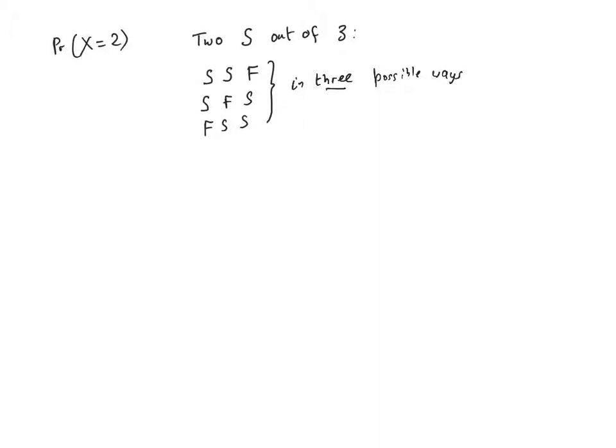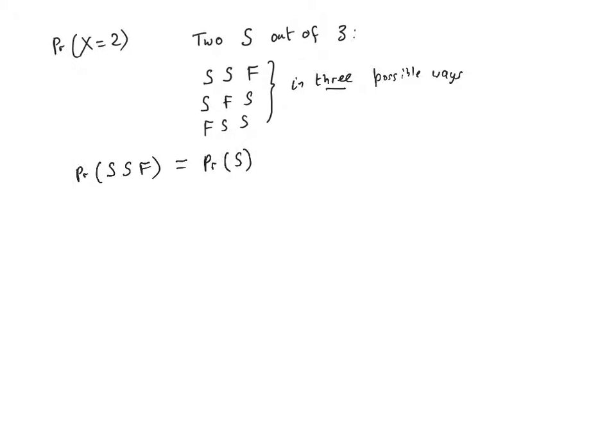And then we can look at the probability of each of those individual events. So we could ask ourselves, what is the probability of S, S, F? Now, we have 3 patients and they're independent. So because they're independent, we can multiply probabilities.